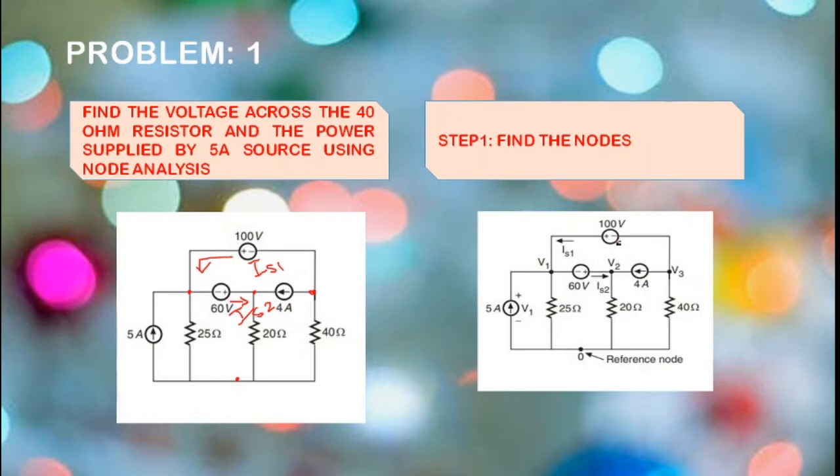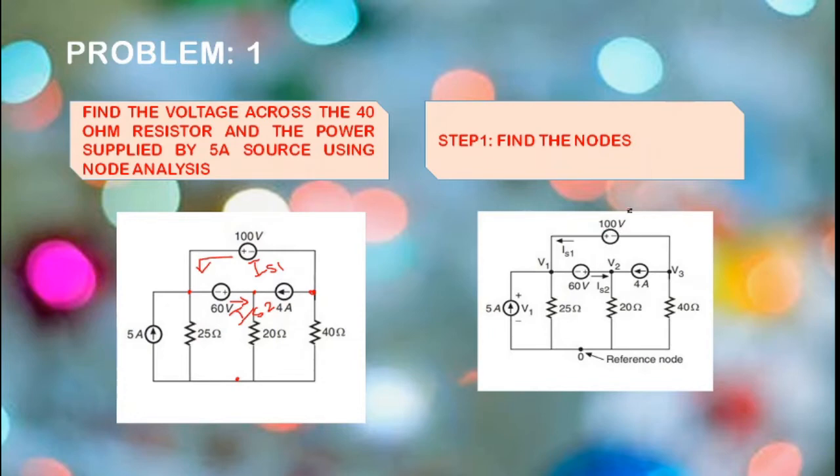So now that we are clear about this, the next step is, since we have two voltage values given in the problem, we are going to use them for the solution. So I am going to consider this particular 100 volt. The positive terminal is towards V1, so plus V1. The negative terminal is towards V3, so minus V3 equal to 100 volt.